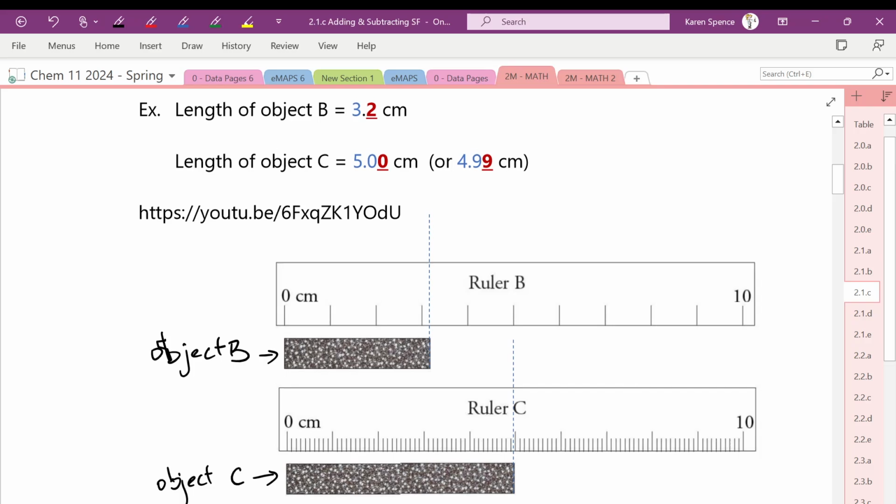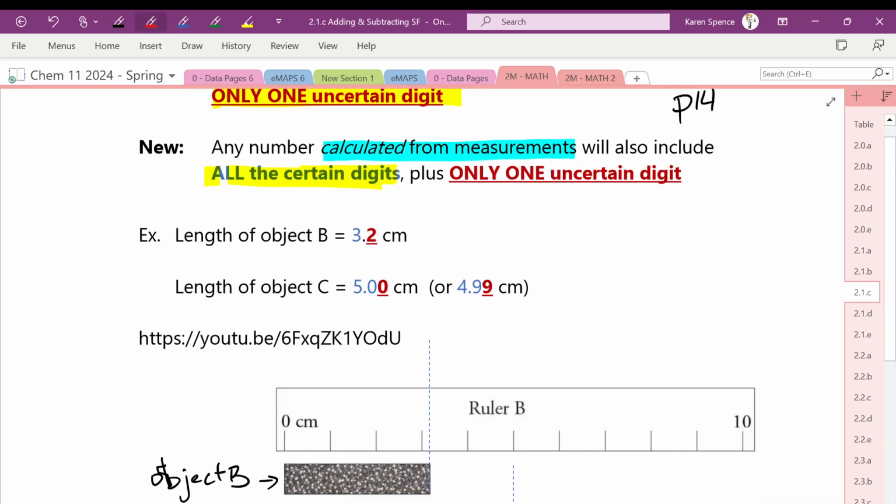Well, I have 3.2 plus 5.00. I have to line up my decimal places.